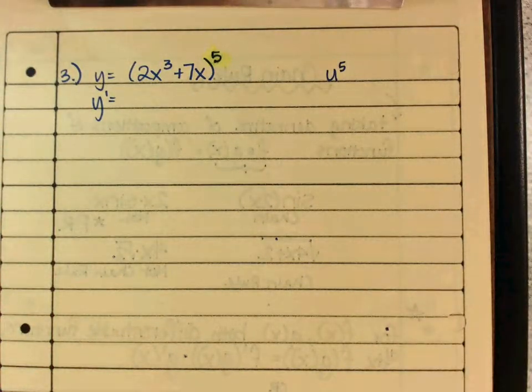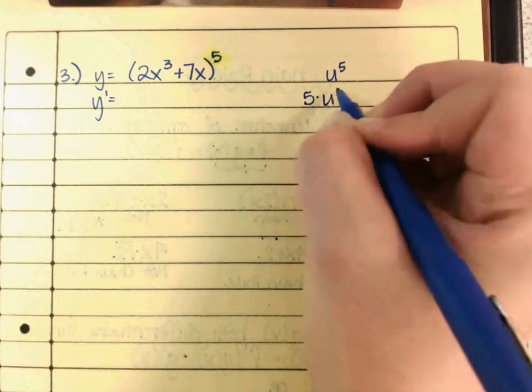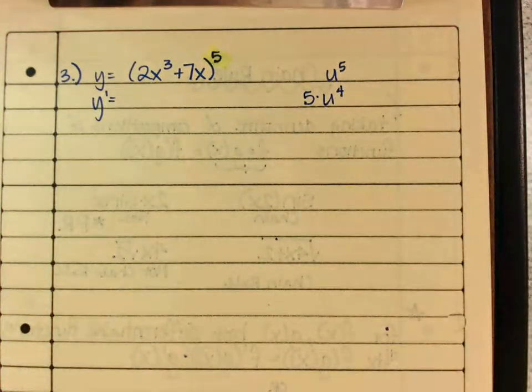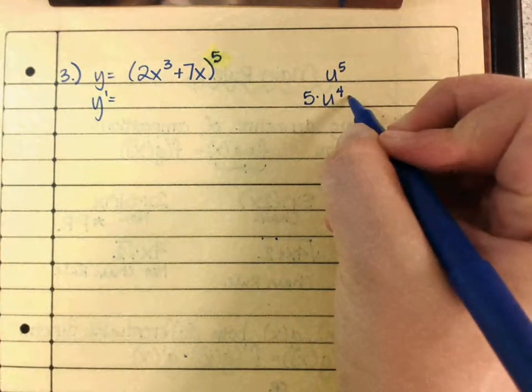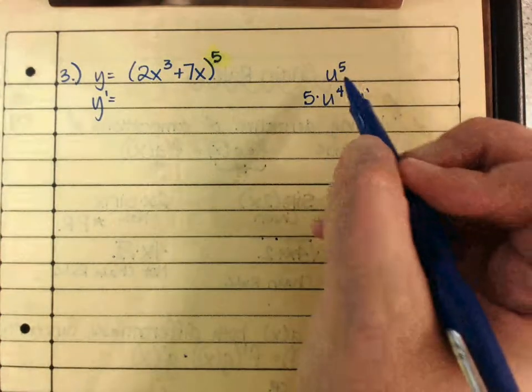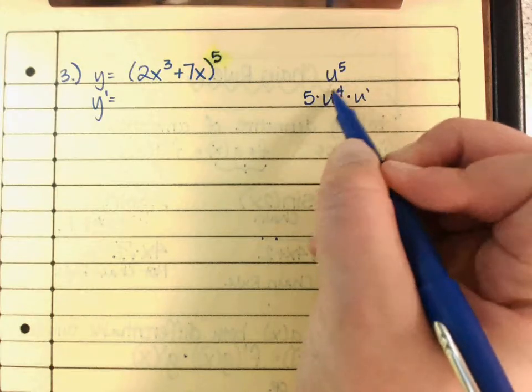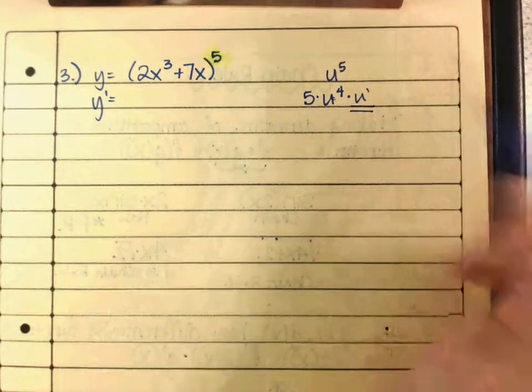Well, the derivative would be the 5 moves down to the front, u to the 4th, but then times u prime, as in the chain rule. So I bring the 5 down to the front. This stays the same, but I knock the power down one. Then I multiply by the derivative at the back.